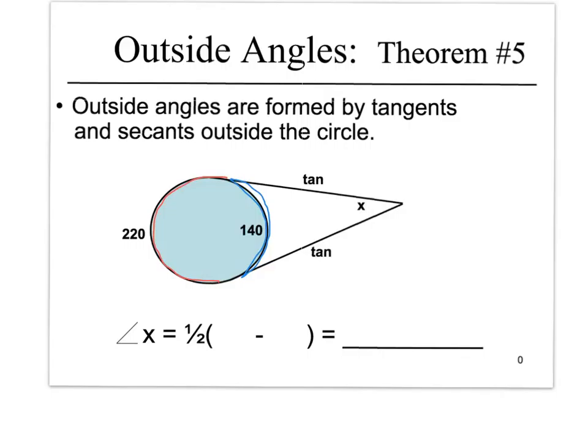And the theorem states that that angle is equal to 1/2 the difference of the major arc and the minor arc. So the major arc is 220 degrees, and we're going to subtract the minor arc from that, take 1/2 of it, and get our result. So we get a value of 40 degrees, which makes sense because that angle is definitely acute.